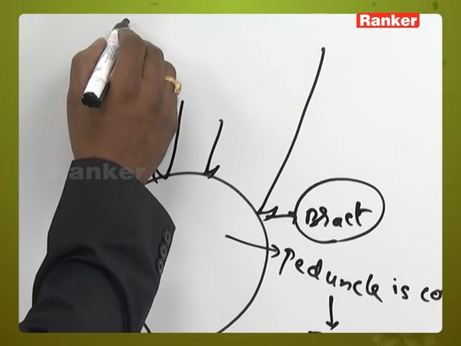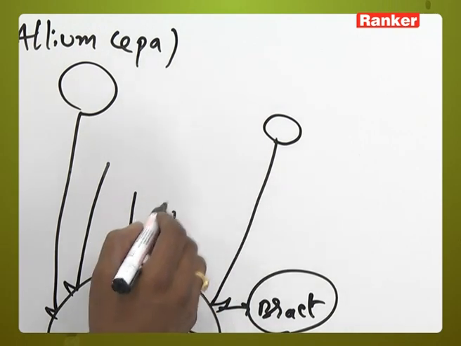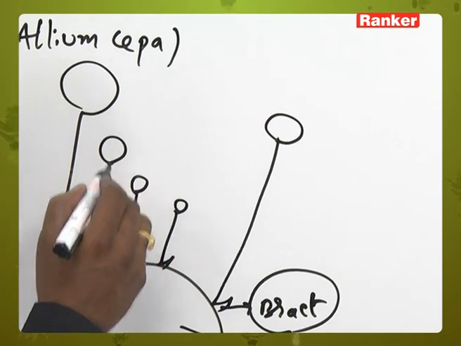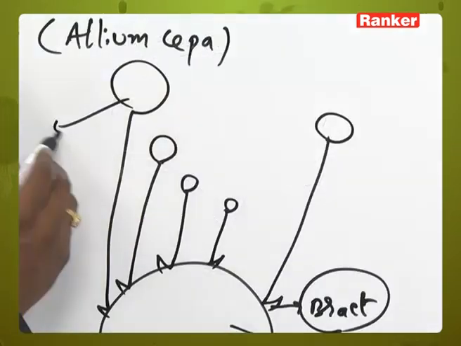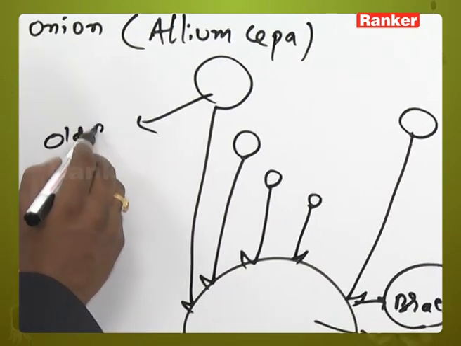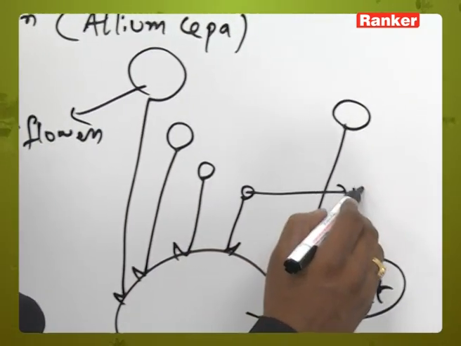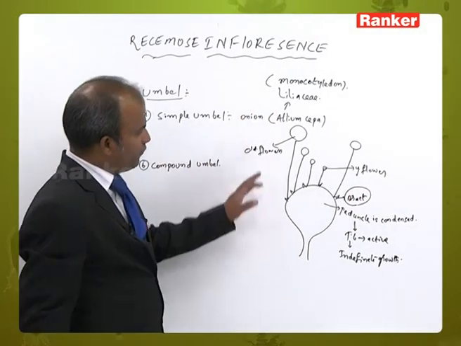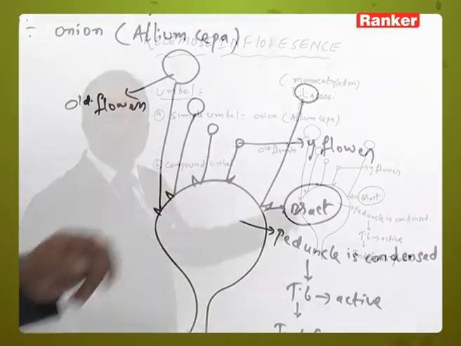Arranged in which manner? Now can you tell me? Arranged in centripetal manner. That means these are the older flowers, and these are the younger flowers. The older flowers are present towards the periphery and the younger flowers are present towards the center.